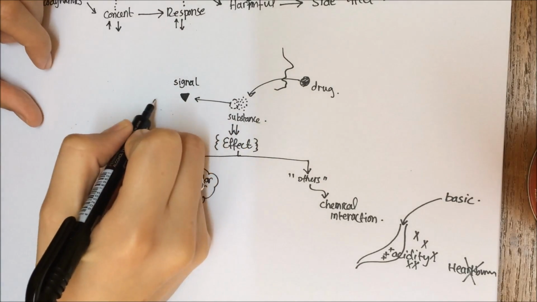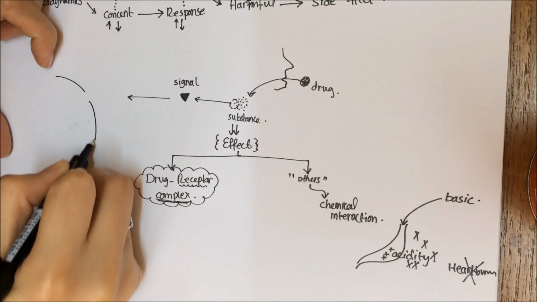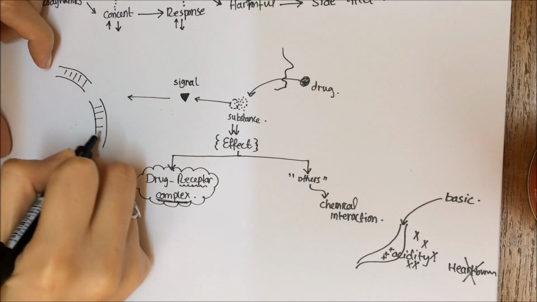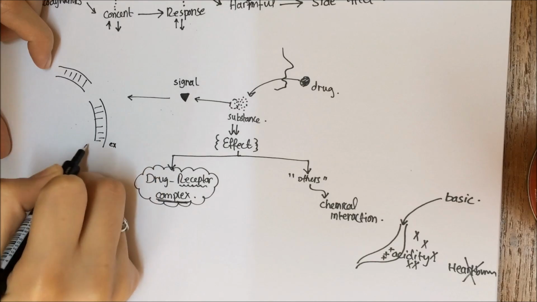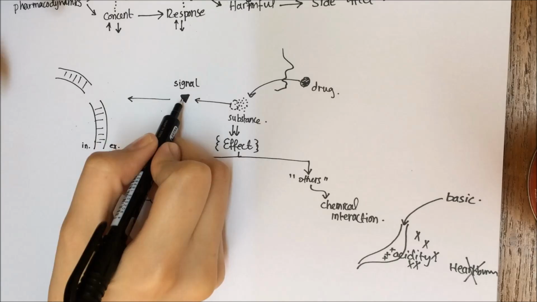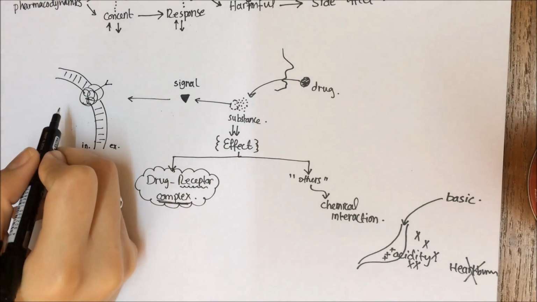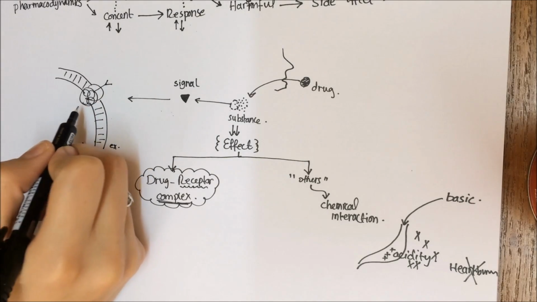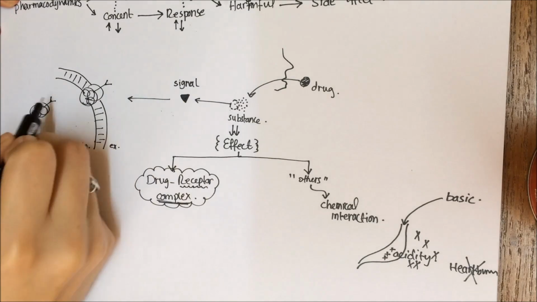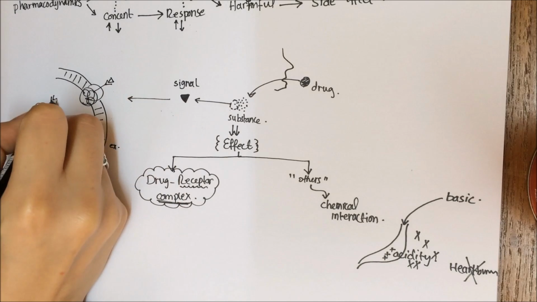So if this signal is circulating inside your body and it has reached a certain cell here, this is the lipid bilayer of a certain cell, this is the extracellular space, and this is the intracellular space, and this signal should find a certain protein molecule. It is either on the cell surface or inside the cell, where this signal should cross to the inside of the cell, and then it should bind to it.